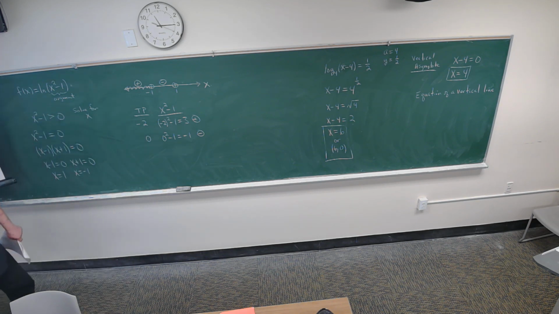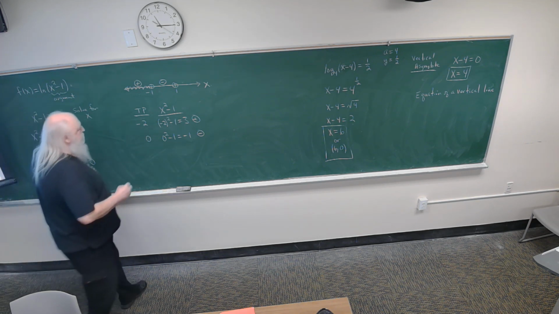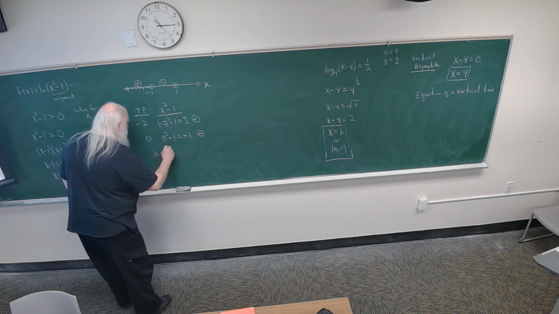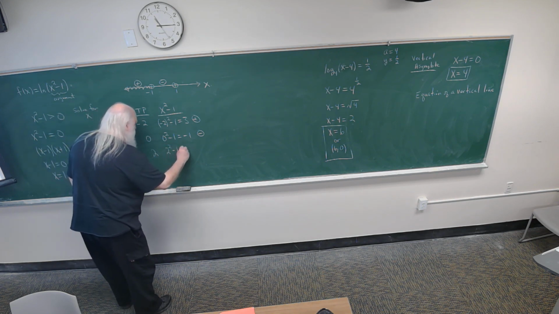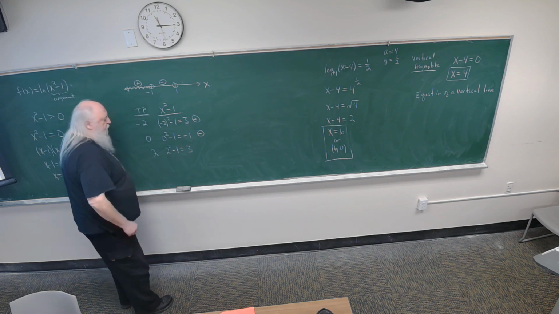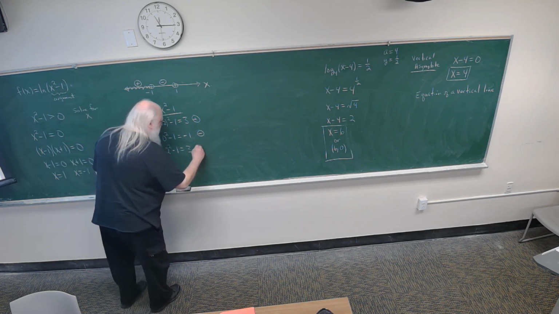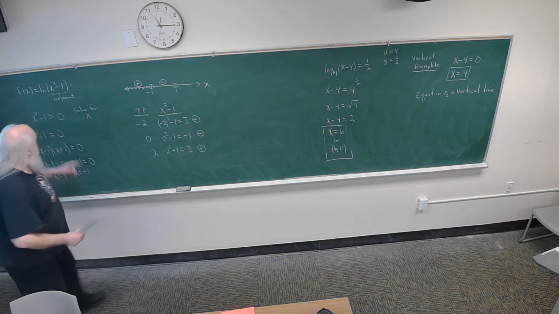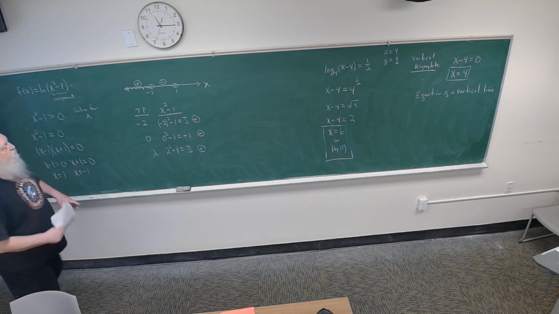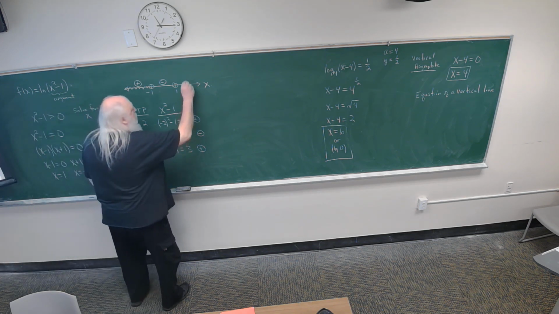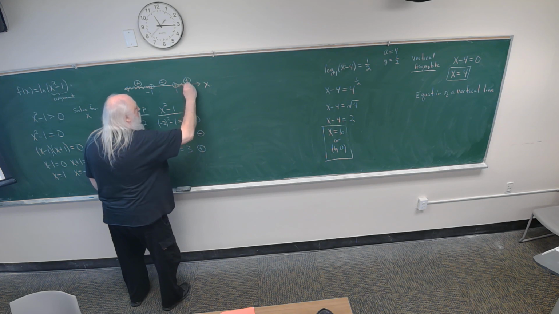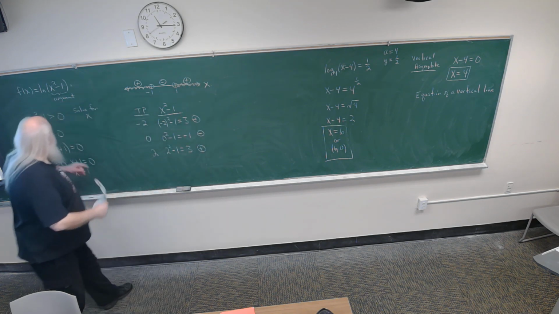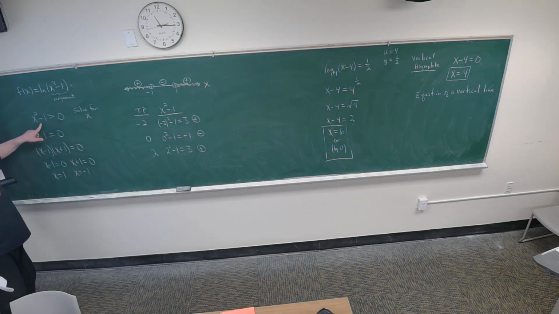And then for x greater than 1, I use 2 as my test point. 2 squared minus 1 is equal to 3. That's a positive number, right? And 3 is greater than 0. So any number greater than 1 makes x squared minus 1 greater than 0.